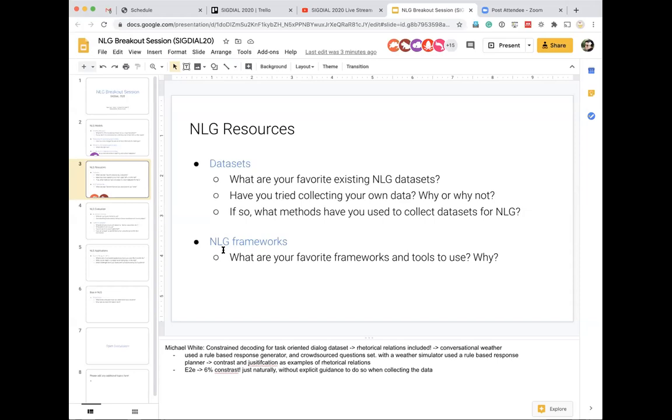Maybe moving on from here, does anybody want to comment on what their favorite NLG or even MT frameworks and tools are to use? There's lots of different frameworks and tools that people use. I think some are more popular than others. Does anybody want to give us some insight into what they've used for their recent projects?